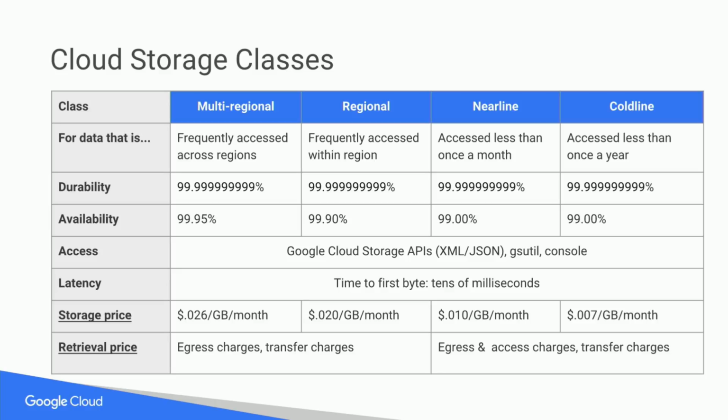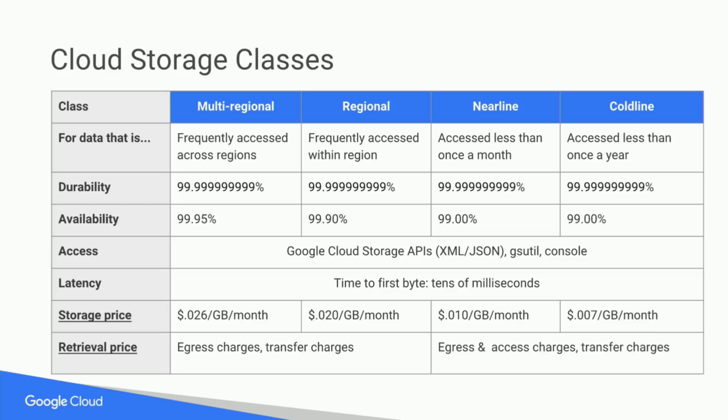What's interesting, though, is you pay roughly 1 cent per gigabyte to read the data off the disk. So if you read the data once a month, you about break even. If you read the data once every 3 months, you're clearly going to come out ahead versus regional. If you read the data 3 times a month, you would actually pay more for nearline than you did for regional. And then cold line, you pay 7/10 of a cent per gigabyte per month, but you pay a higher access charge.